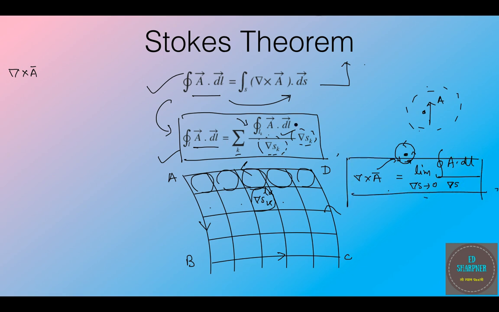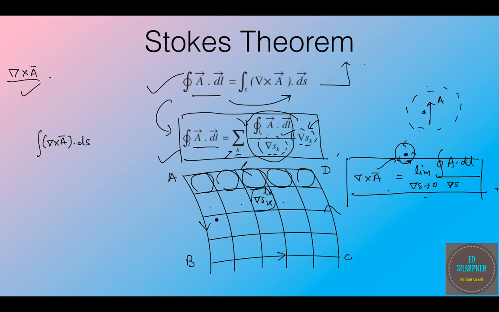So this part is nothing but del cross A, and as the summation is here, and if the limit is taken, the summation takes the form of the integral, delta sk turns to ds, and already we have del cross A. So the Stokes theorem proof is descriptive, and you can give the theorem proof like that. You just need to define what del cross A is, and then you can prove it.